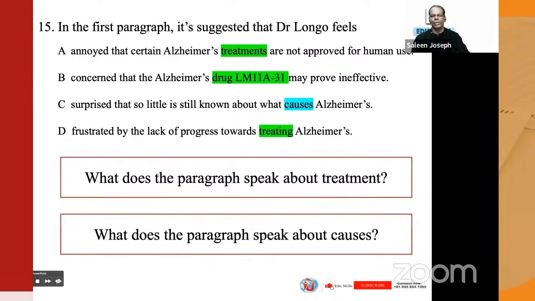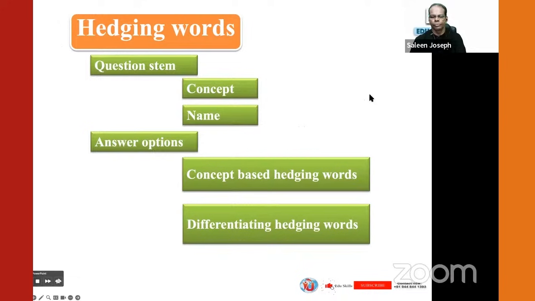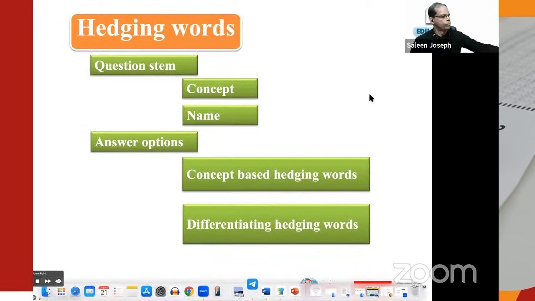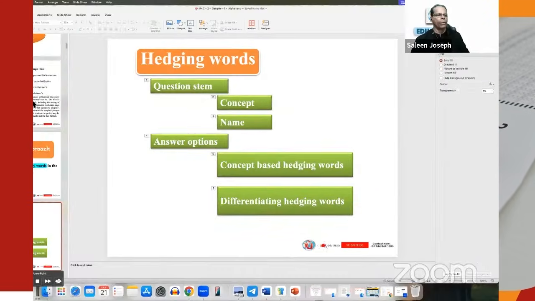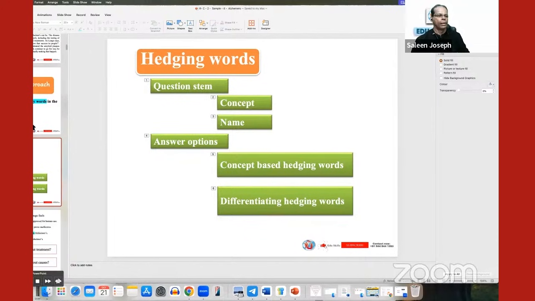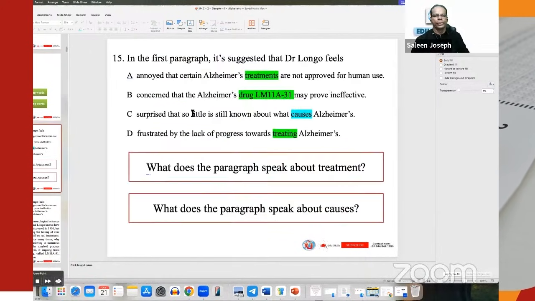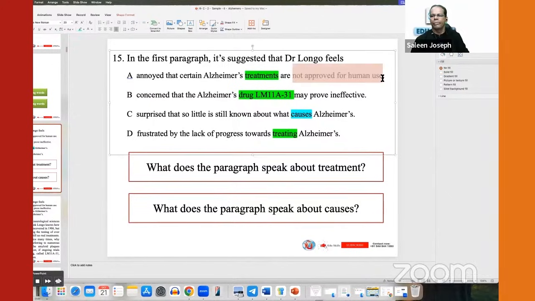Maybe you can highlight those differentiating words. Let me check whether it can. Yes. Cool. See, we will highlight not approved for human use. This is a differentiating hedging word.